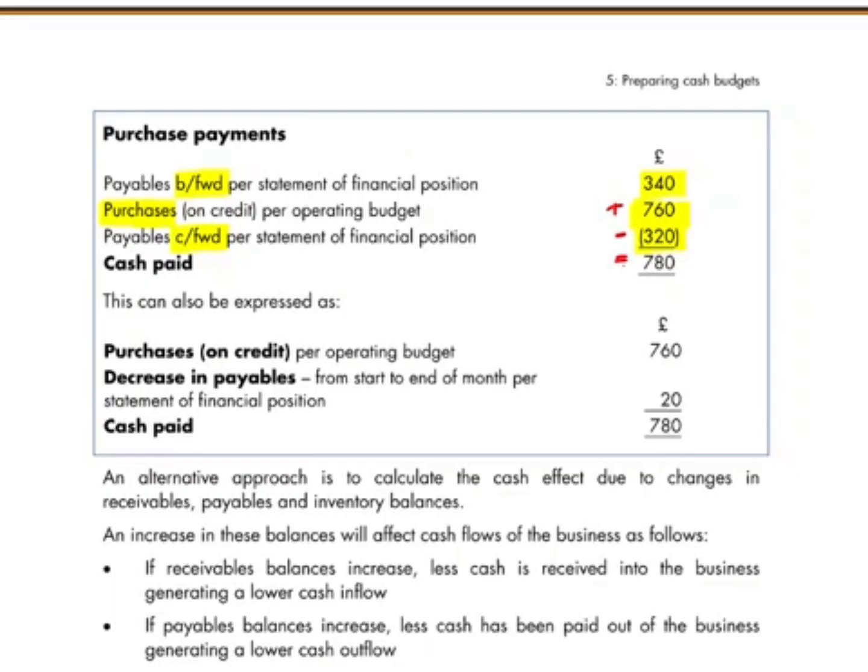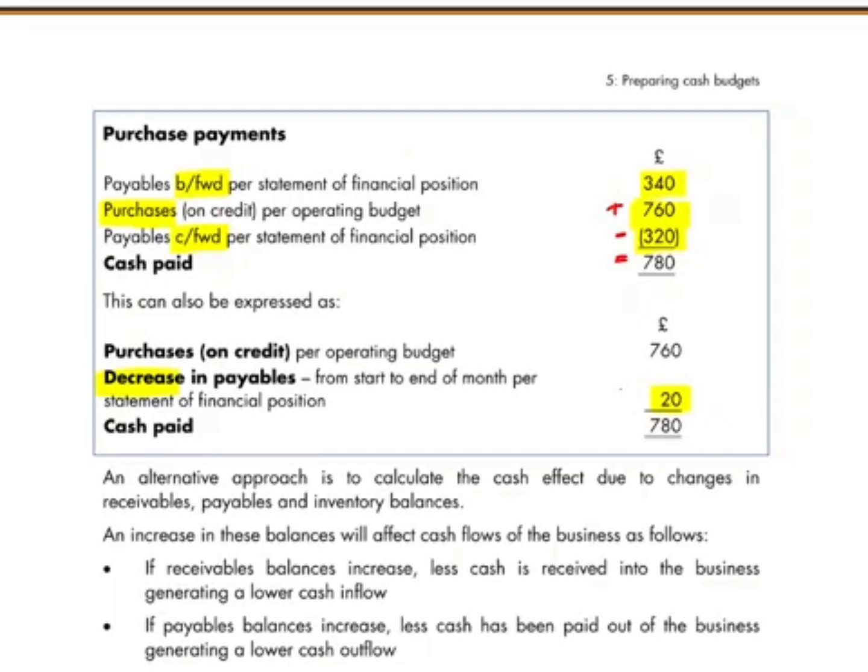We can more simply get to the same answer by taking the purchases that have been expressed on the operating budget and adjusting for the decrease in the payables balance during the year. So if we take a look at the balances brought and carried forward, we can see that it has decreased by £20 during the year, which essentially means that we've paid out £20 more for our purchases than has been recorded on our operating budget.